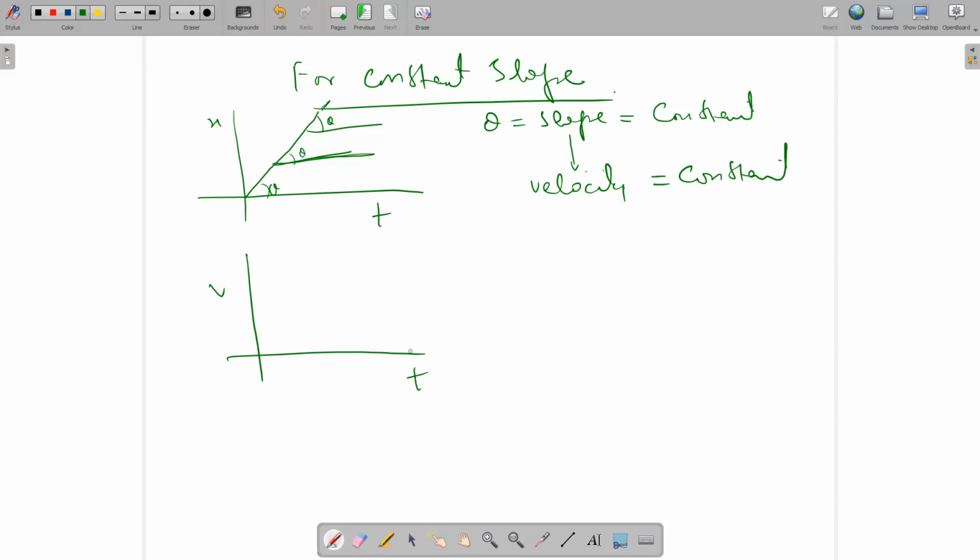Sorry. Okay, so slope means velocity. Velocity is constant. So from this graph, we can say that velocity is constant. The second thing, up to this information we cannot say whether the velocity is constant on the positive side or the negative side.